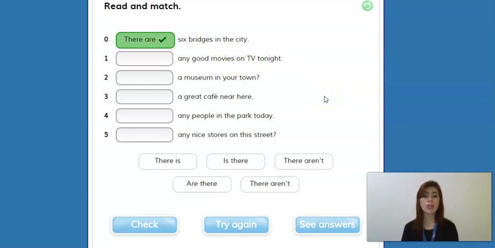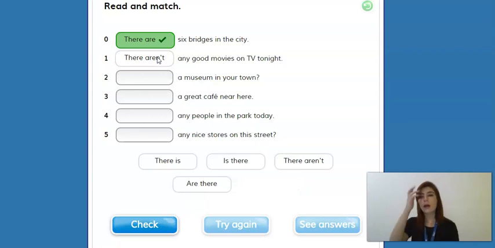So what's the best option here in this case? There aren't. Okay? So, remembering, the verb is there aren't, because we have no question mark indicating that we need to make a question. We have any indicating that it's a negative sentence, and then we have movies indicating that it is plural. So the best option that we have here is there aren't.